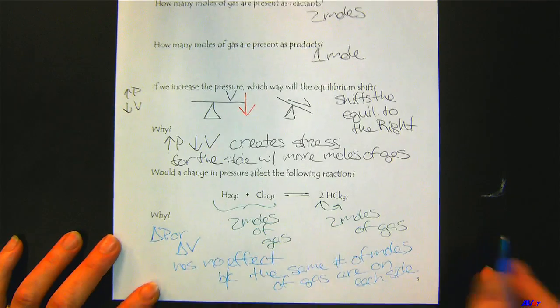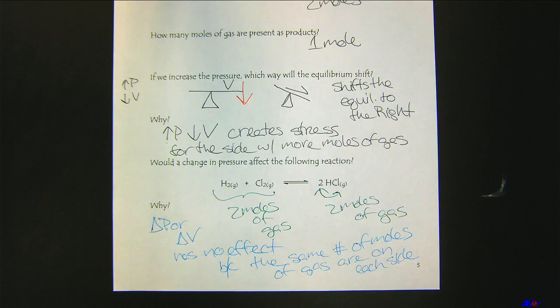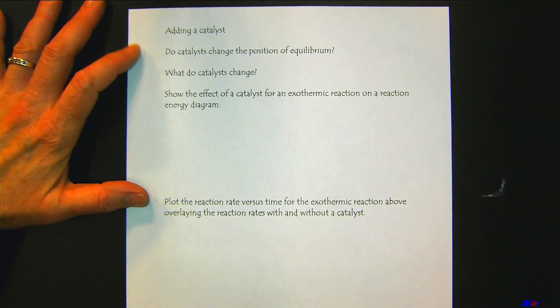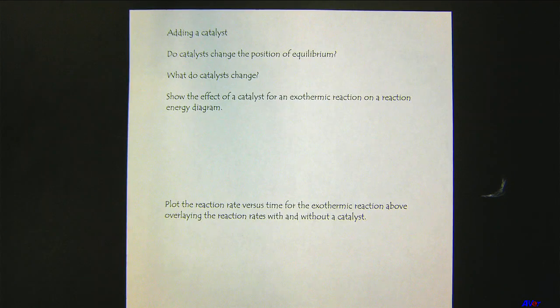Okay, so the other thing to keep in mind is that these are all potential sources of stress within a reaction, but they aren't necessarily relevant to every reaction we study. So let's look at our last page here and tie in one last thing. We've talked about catalysts. Taking into consideration everything that we know about reactions so far, is a catalyst going to change the position of the equilibrium?